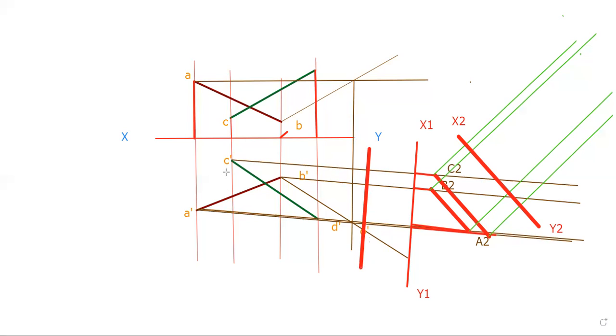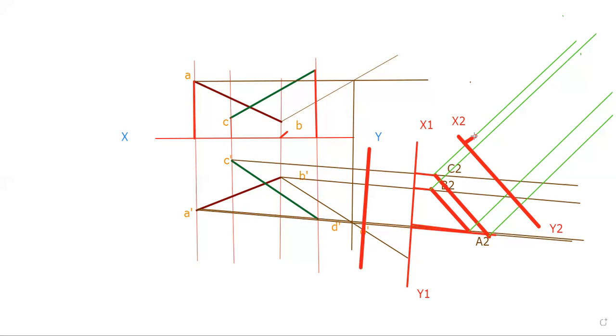So my next step is to transfer this distance here onto the subsequent C line. So here is C, C comes here, and C goes up here. So I'm going to transfer this distance onto my C line from here to here.